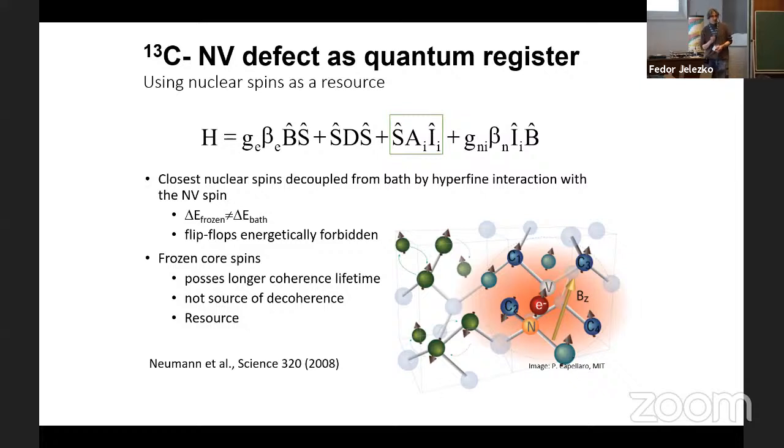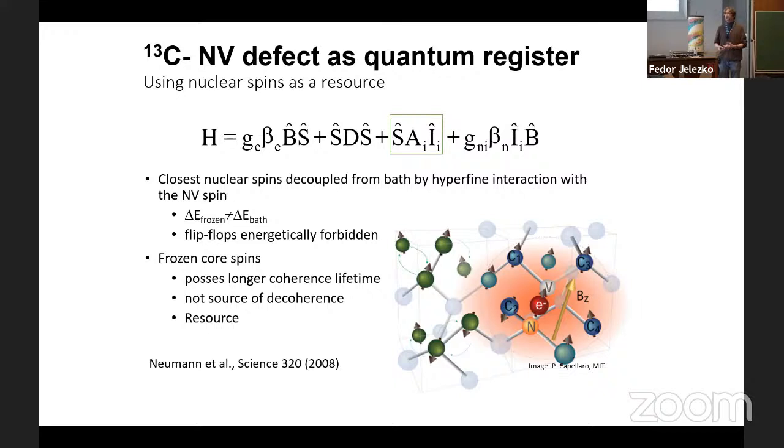And in this case, now we are starting to consider them to be a resource. So they are actually coupled by the hyperfine interaction to the NV center electron spin, and they are kind of detuned from the environment. Remember this entangling, disentangling events in echo that appeared with Larmor frequencies. Those were coming from spins that are coherently coupled.